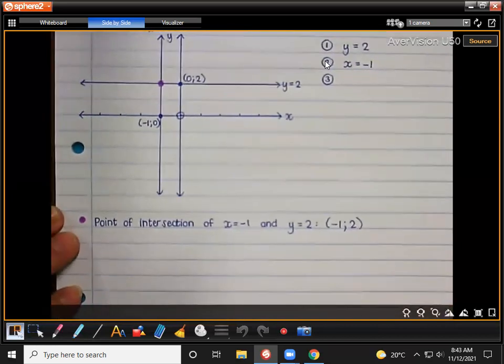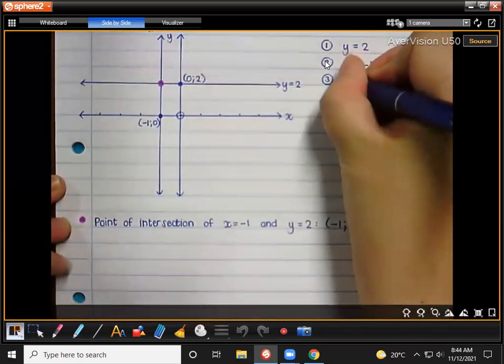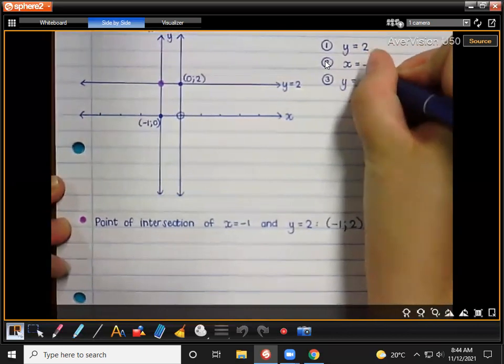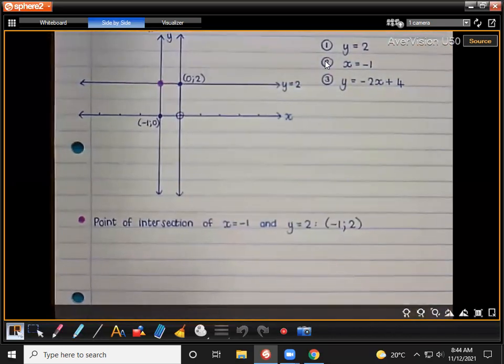Now we can throw a different type of graph into the mix. Let me do y equals -2x plus 4. We're going to go over what all of the things in that equation actually stand for.